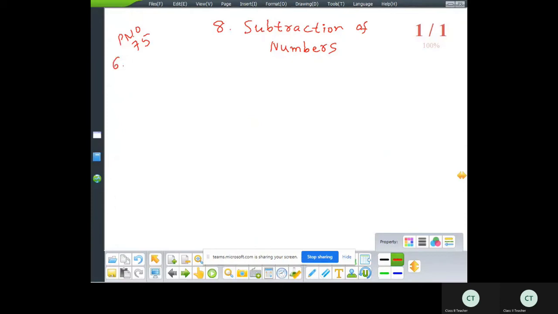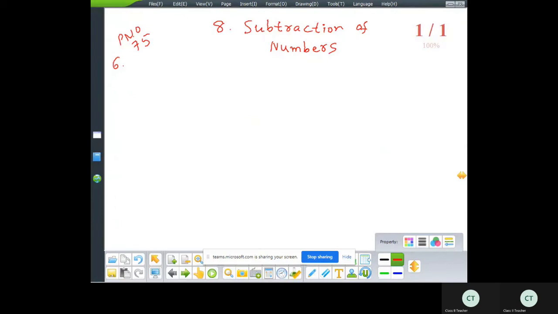Subtract the numbers in the first column. Mark the range. Range means the two numbers between which your answer lies. In each case, one example is given.